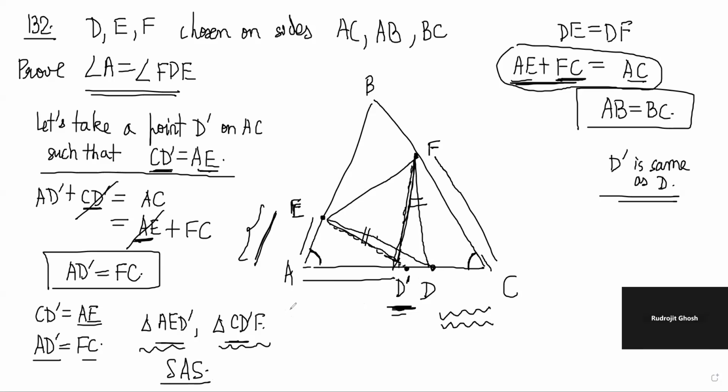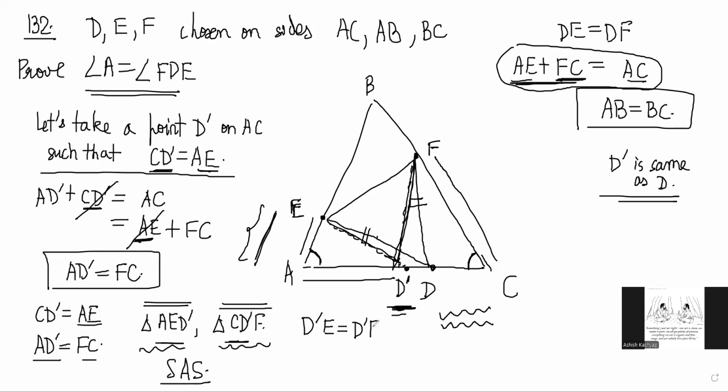I hope you are understanding that triangle AED dash and CD dash F are congruent, right? So we are getting what? D dash E third side will be equal to D dash F, right?